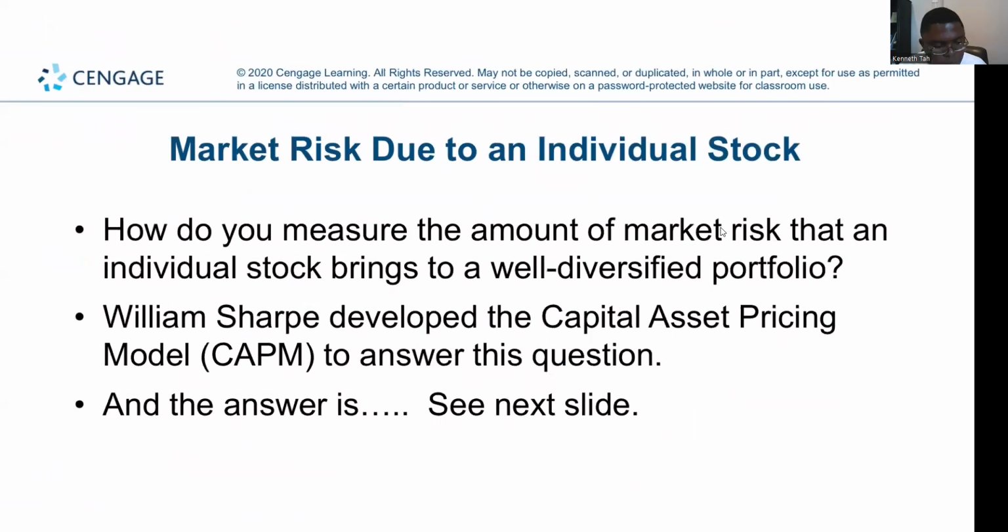All right. So we are going to go into the concept of the capital asset pricing model, market risk due to an individual stock. How do we measure the amount of market risk that an individual stock brings to a well-diversified portfolio? William Sharpe developed the capital asset pricing model to answer this kind of question.